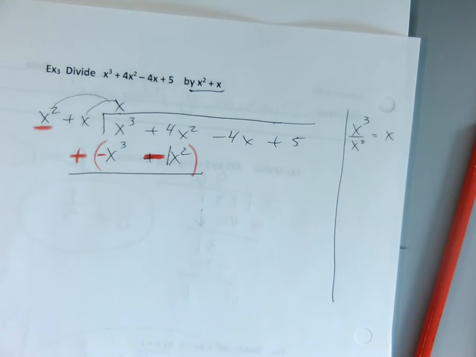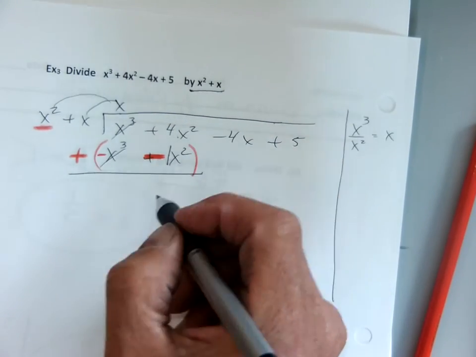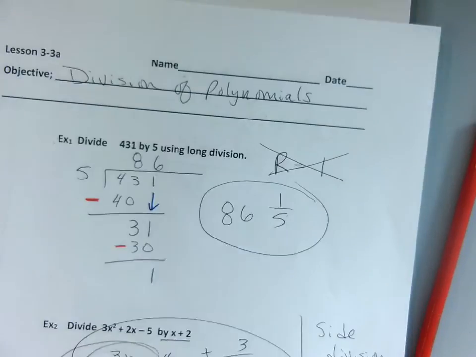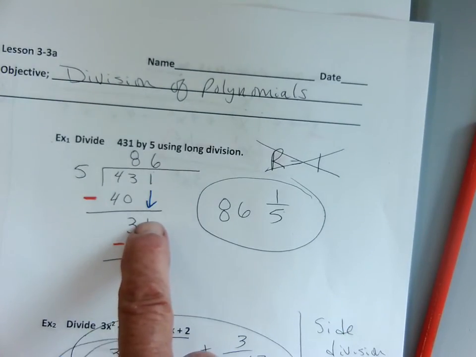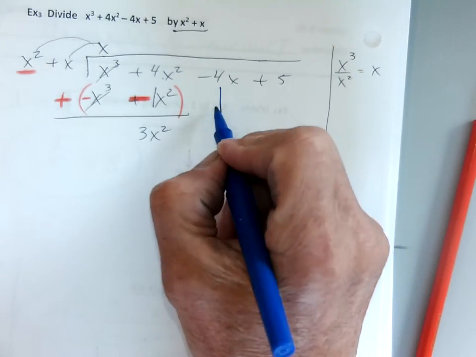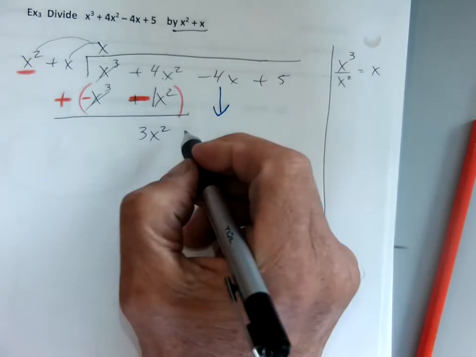Subtract, it's gone. X cubed minus x cubed. 4x squared, subtract 1x squared is a 3x squared. Okay. And just like long division, we'll bring down the next term. So we bring down the next term. And I get a negative 4x.